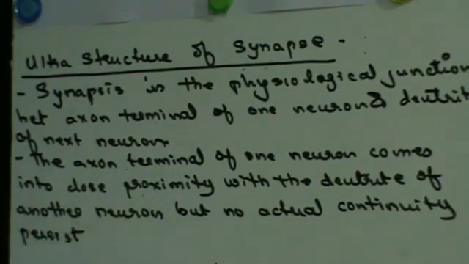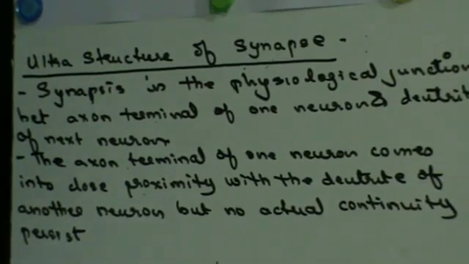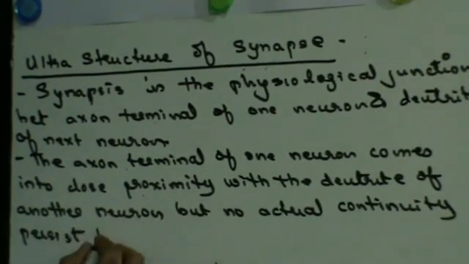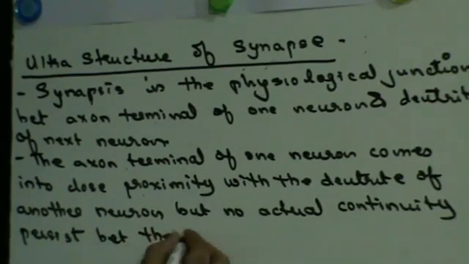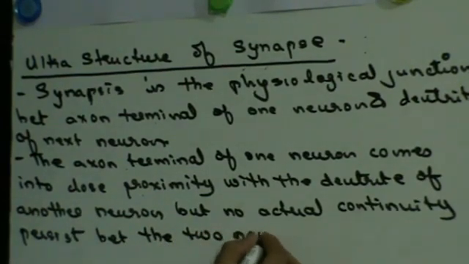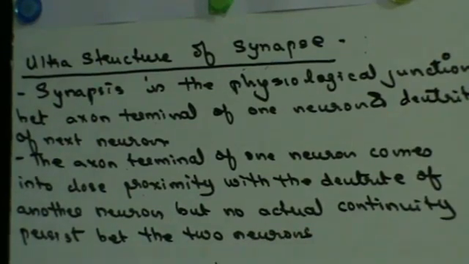There will always be a small microscopic gap; no actual continuity persists between the two neurons.